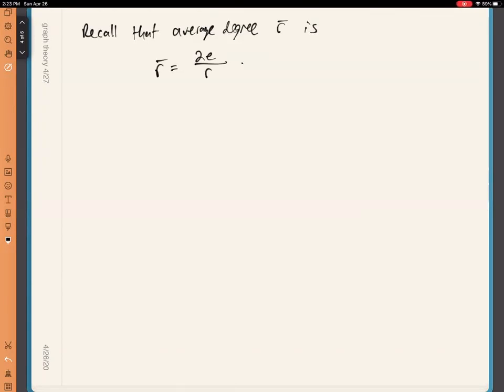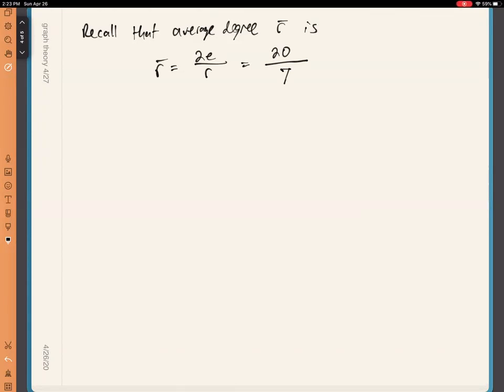Well, we just saw that there are 10 edges, so 2 times the number of edges is 20, and then we saw that the number of regions is 7, right? And so this tells me that the average degree of the regions in the picture that we drew has to be equal to 20 over 7.